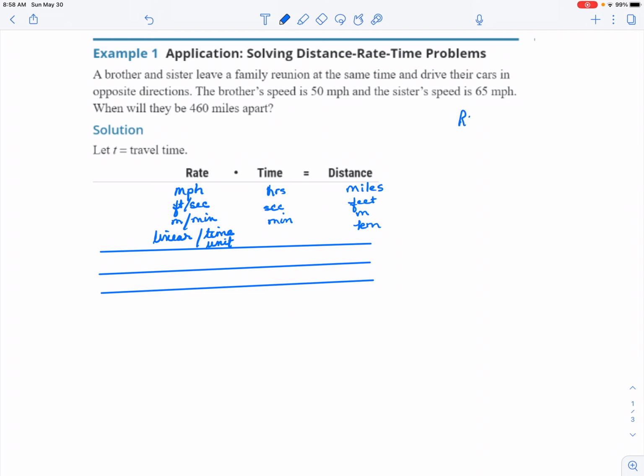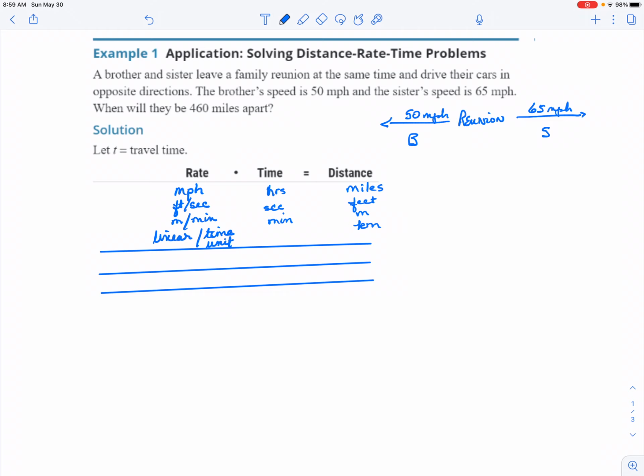These people are at a reunion, and the reunion has ended, and the sister goes off in one direction, and the brother goes off in the opposite direction. The sister's rate or speed is 65 miles per hour. Maybe she's on the interstate. His rate or speed is averaging about 50 miles per hour, so perhaps he's on some two-lane roads.